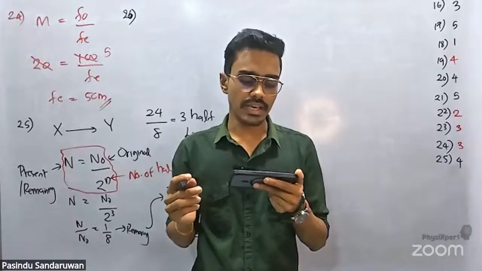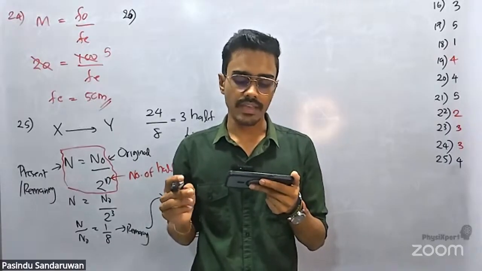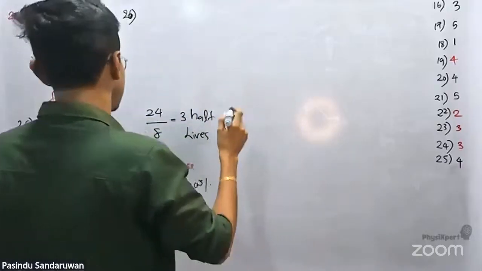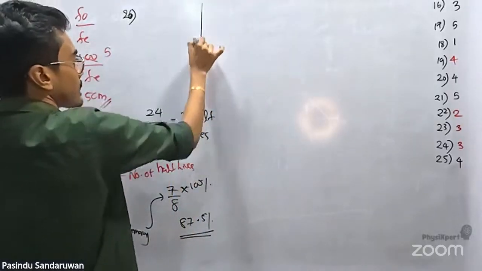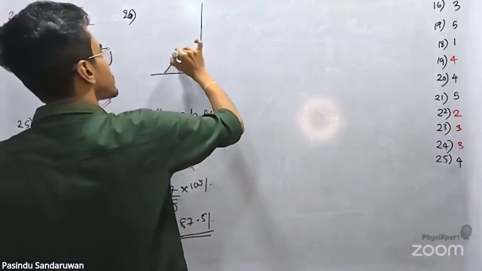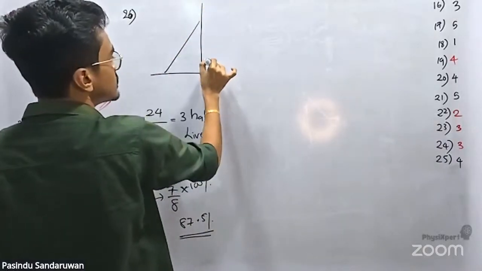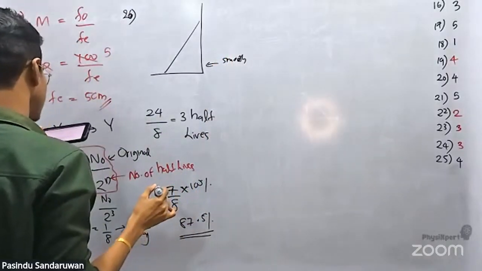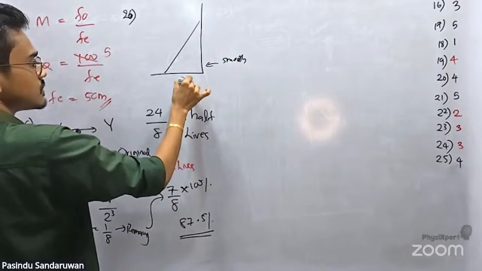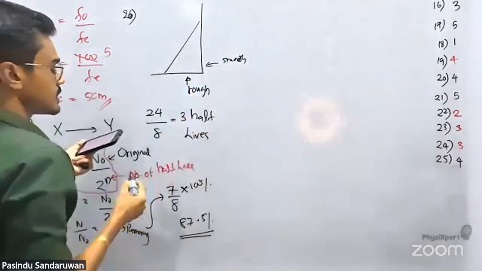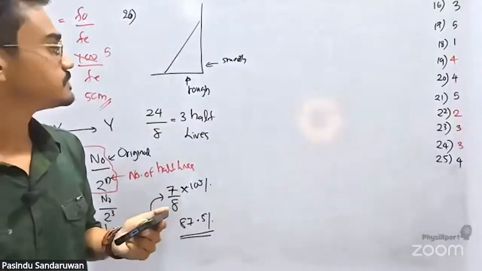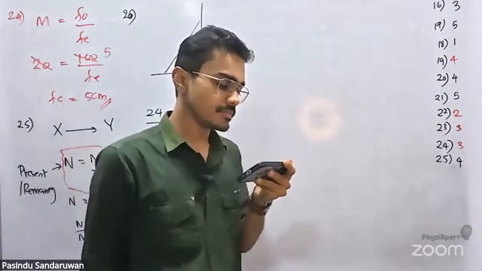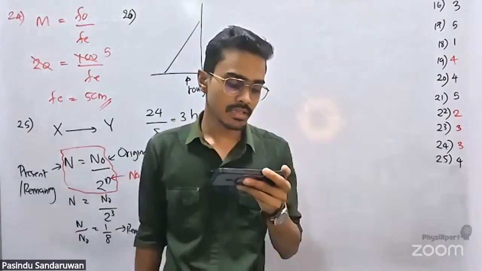One end of the ladder is on the rough horizontal ground, and the other end is resting against a smooth wall. Like this. The vertical wall is smooth, and the ground is rough. Now, the correct free body diagram for the forces acting on the ladder is which of the following?